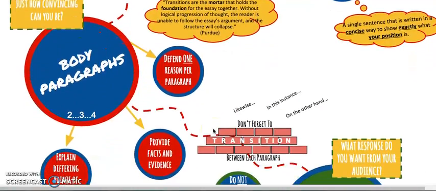Within that paragraph, you will explain how that reason supports what you believe in, how it follows your position. In order to give credibility and truth to what you are saying, you must do research in order to provide facts and evidence. Relevant, factual evidence that supplies background information and credibility to what you are standing for.